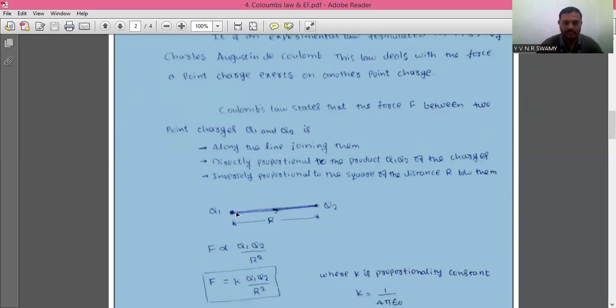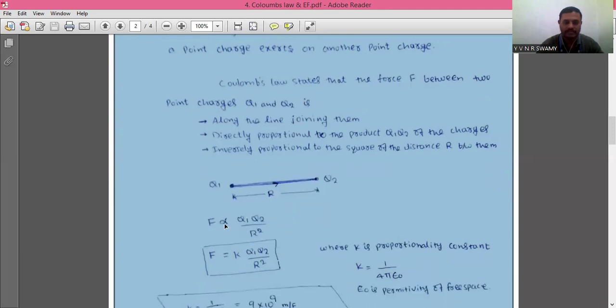So the statement of Coulomb's law is the force between these 2 point charges is along the line joining them, directly proportional to the product of the charges Q1 and Q2, and inversely proportional to the square of the distance r between them.